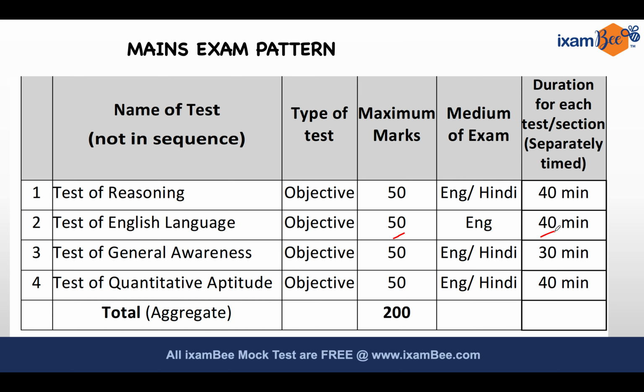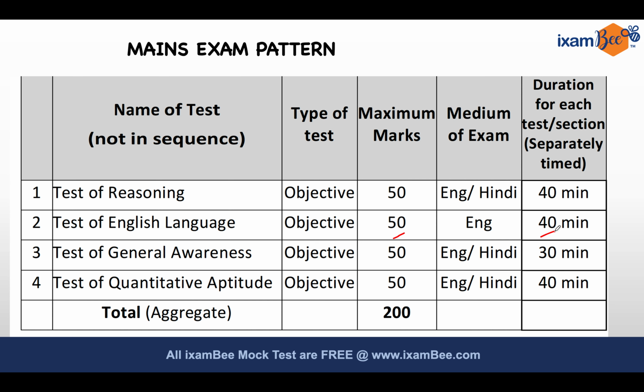Now, depending on whether you qualify this section, the mains objective English section, you will be allowed to sit for your descriptive exam. Since there are sectional cutoffs, which you must be already knowing from our last few videos, where our mentors talked about it, it's very important that you clear each and every section.